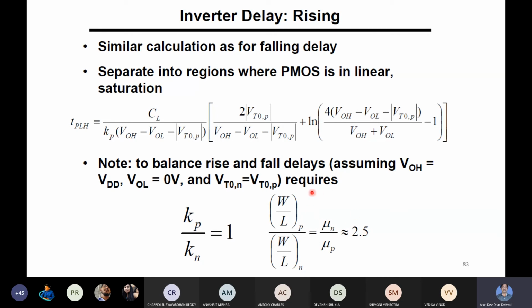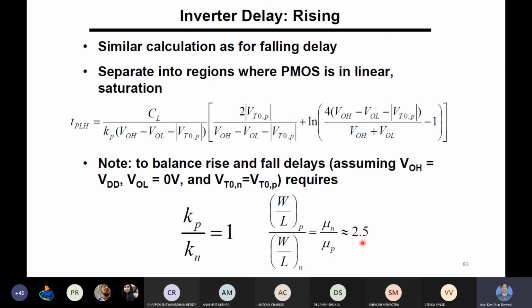So this is why generally in design, in hand calculation, for getting this type of situation, you want to design an inverter in which VOH is equal to VDD, VOL is equal to 0, and the threshold voltages of NMOS and PMOS are equal but opposite, NMOS having positive and PMOS having negative threshold voltage. In that situation Kp by Kn becomes 1, and W by L for PMOS divided by W by L for NMOS becomes the ratio of mu n by mu p, which is equal to 2.5.